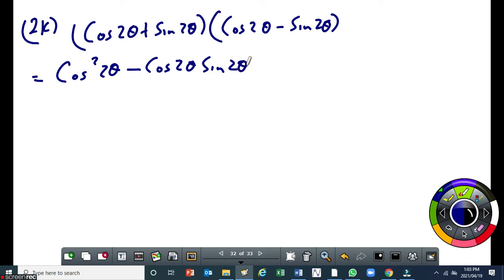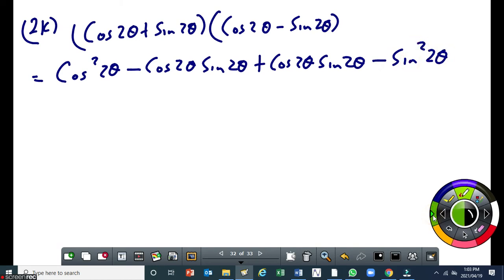Then this sine 2 theta times the cos 2 theta, I can write that as positive cos 2 theta times sine 2 theta. I've decided to start with cos. You can also start with sine. Then sine 2 theta times minus sine 2 theta gives me minus sine squared 2 theta. These two are like terms, and they have opposite signs, so they cancel out.